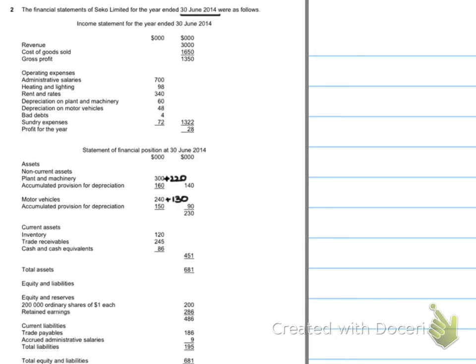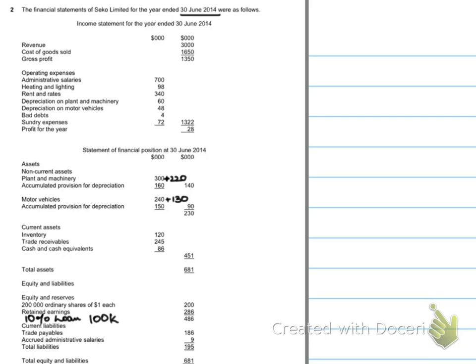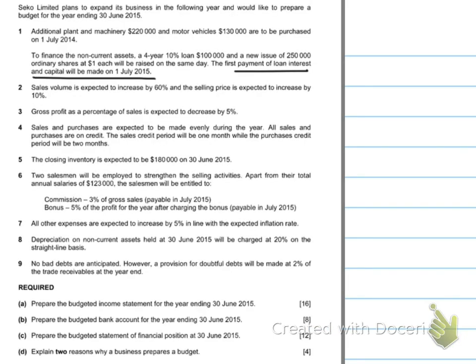Previously there were no non-current liabilities, but now there will be a 10% loan of 100,000. And a new issue of 250,000 ordinary shares at $1 each. This means the new shares will be issued at par, so the share capital will become 200 plus 250.